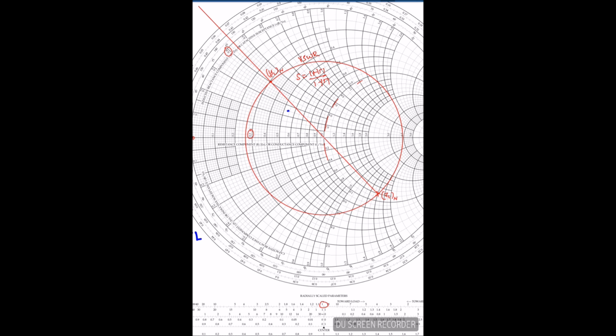Whenever you start getting a radius, you are having some value for gamma, maybe 0.2 or 0.3. So S is no more 1; it is moving away from 1.